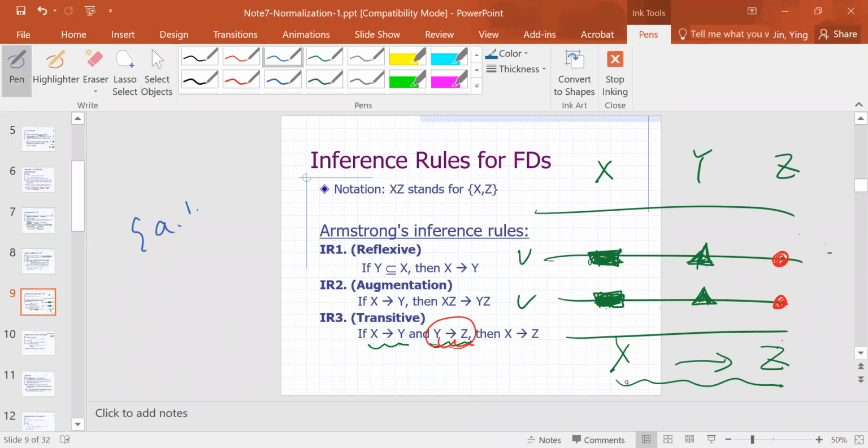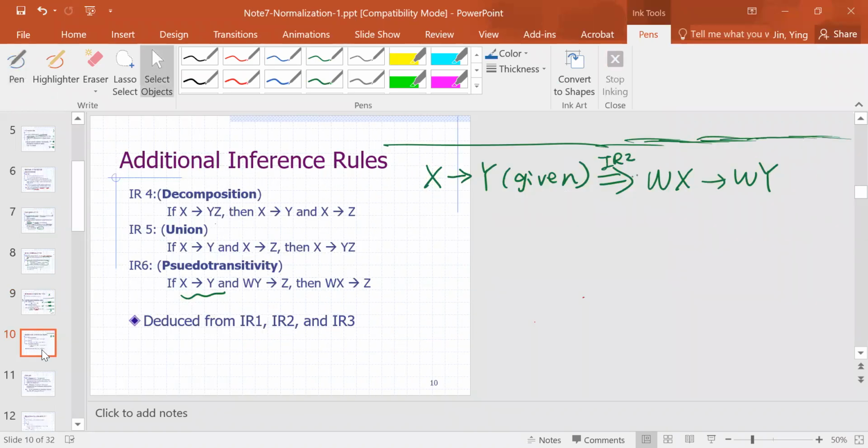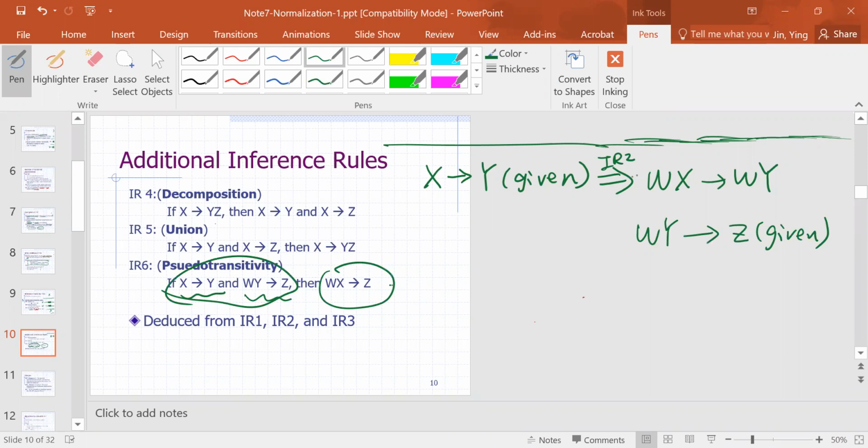Say ABC in a set is the same as BCA, right? So putting it before or after doesn't matter. So I have that, and then this is also given. This is also given, right? That's this part. And so we know the if part, and I want to see that the then part is true. So what I need to do is take this one, which is deduced by IR2, and this is given.